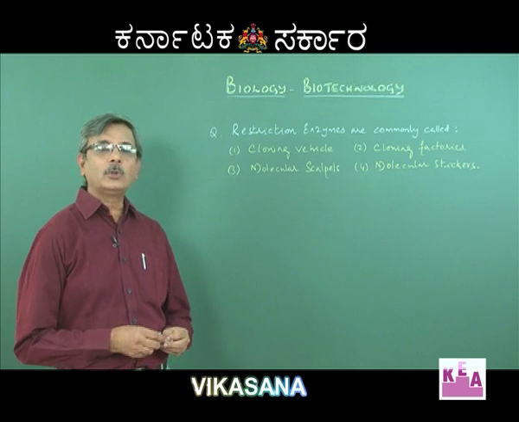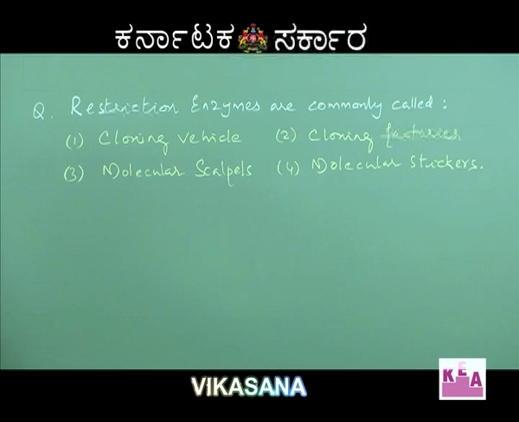Now we move on to the next question. Restriction enzymes are commonly called, very simple question but very important. Option 1, cloning vehicle. Option 2, cloning factories. Option 3, molecular scalpels. Option 4, molecular stickers.